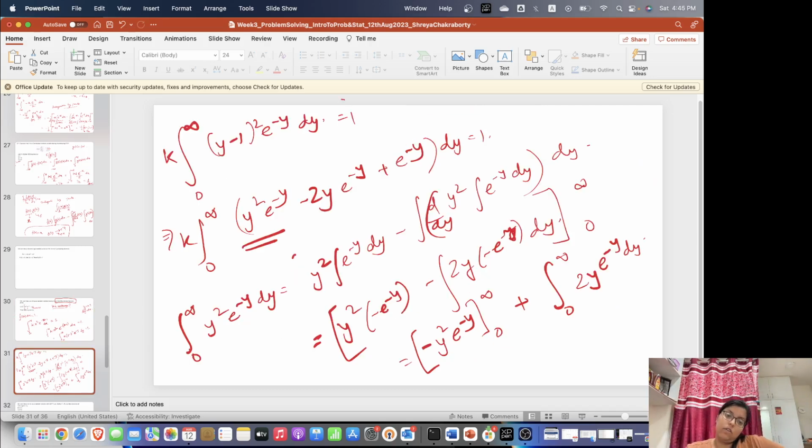All right. The integration from 0 to infinity of this thing, if we do minus the integration from 0 to infinity of 2y e to the power minus y dy, then this part essentially is 0.